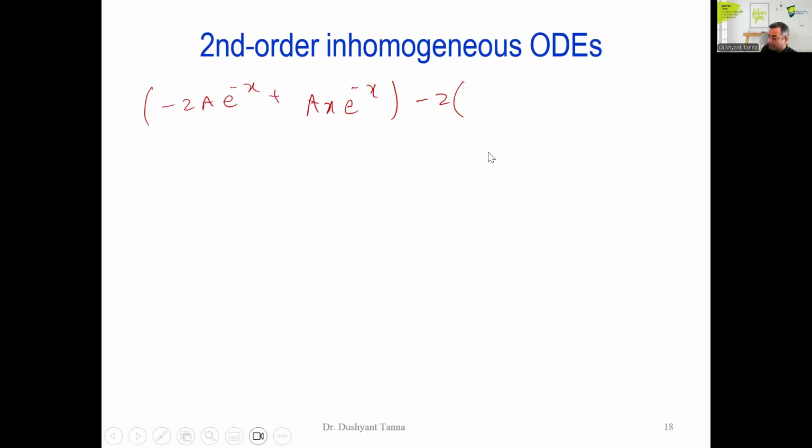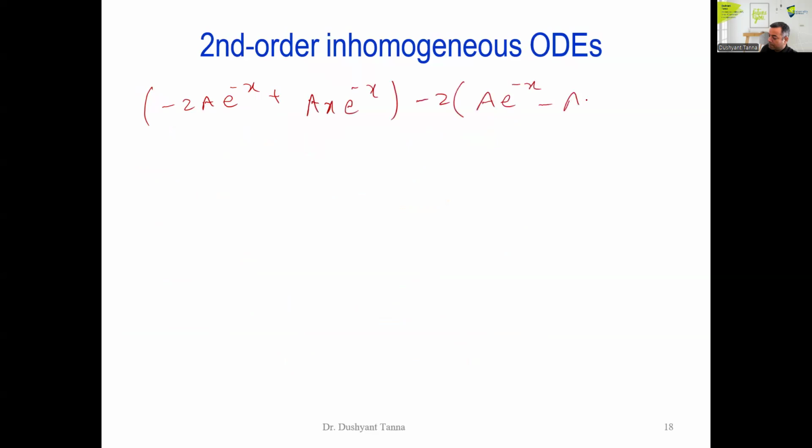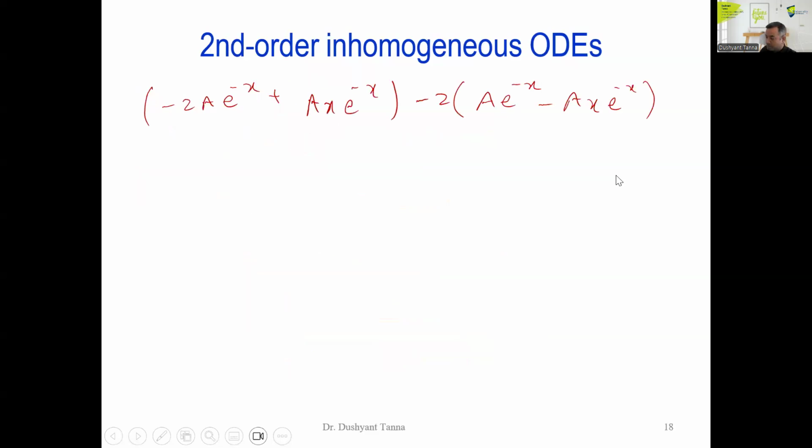Minus a e raised to minus x minus ax e raised to minus x. Right? That's our y dash. What's our y? Ax e raised to minus x. Plus 3 times ax e raised to minus x equals to 4 e raised to minus x.